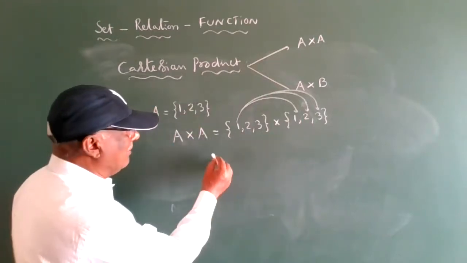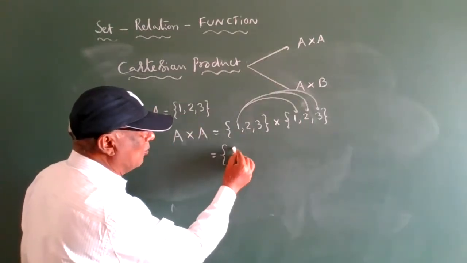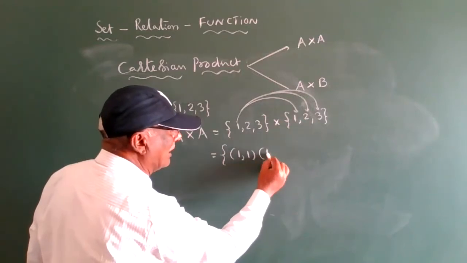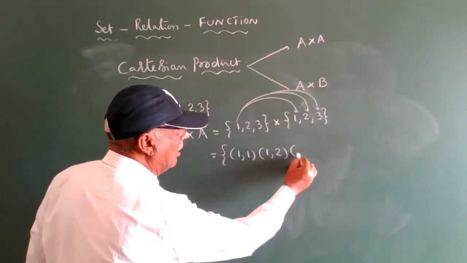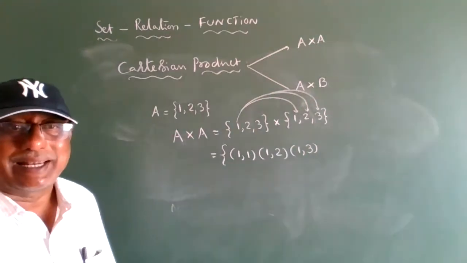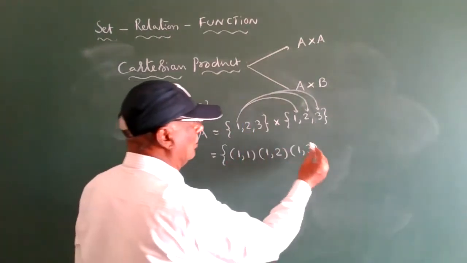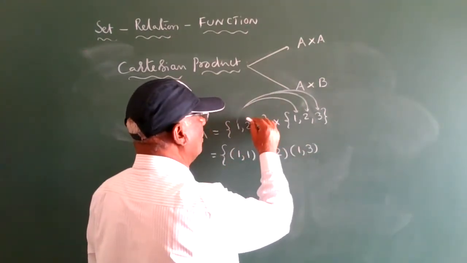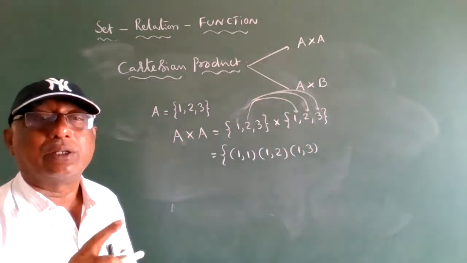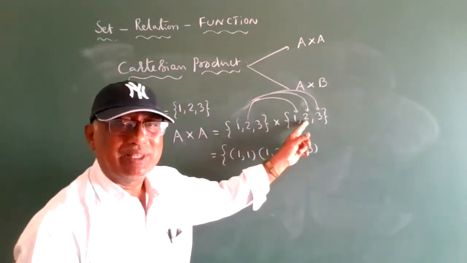Now I will write first (1, 1), next (1, 2) ordered pair, (1, 3) ordered pair. Three elements are over for the second set. Next we start with 2. It is also repeated with the elements of the second set.